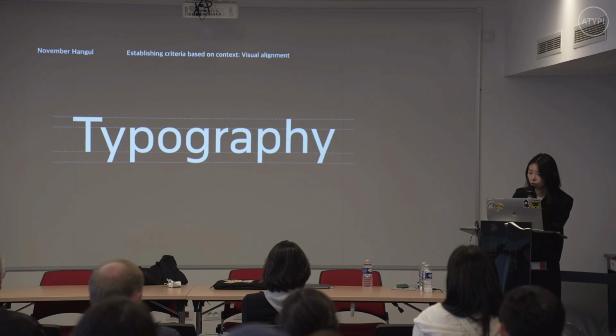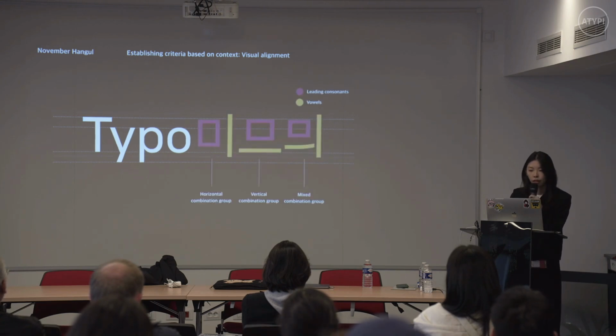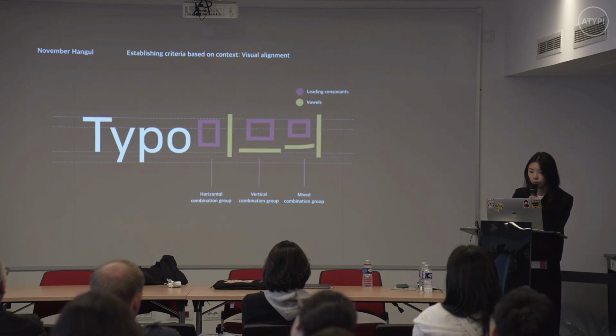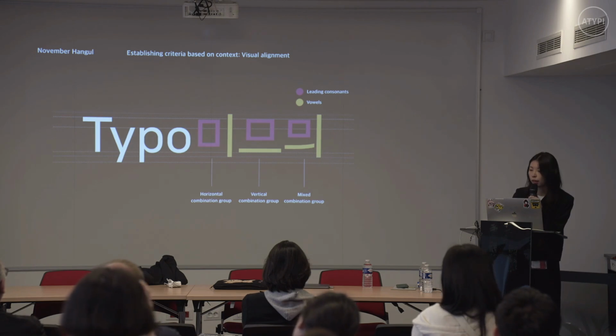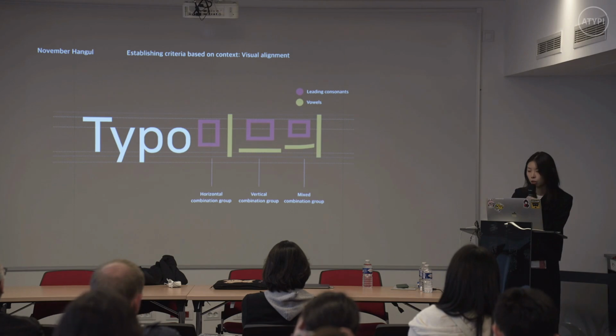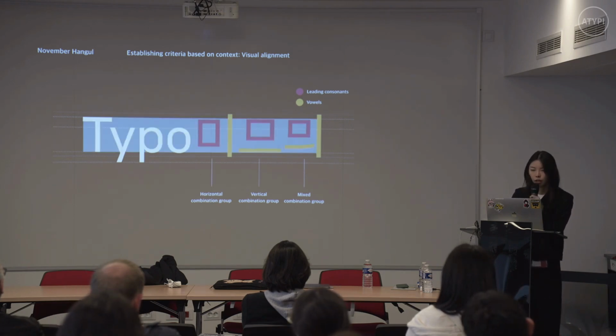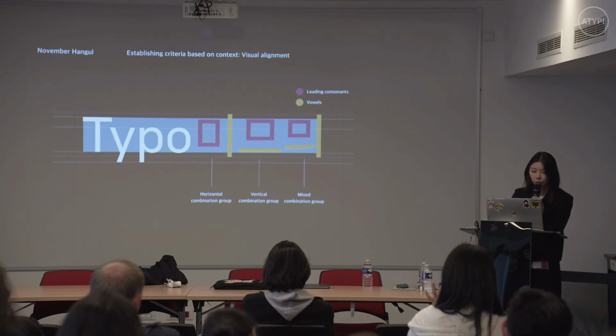Next is visual alignment. Hangul does not have clear visual alignment like Latin. However, the rough visual alignment is usually determined by the location and size of leading consonants and vowels, which are crucial groups in Hangul. Therefore, we aligned their position with the CAP-height of November Latin to ensure that Hangul and Latin flow equally.